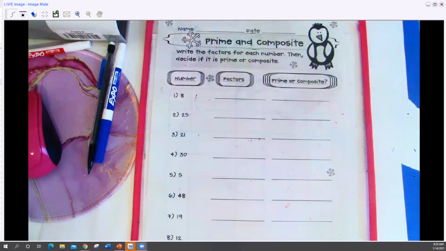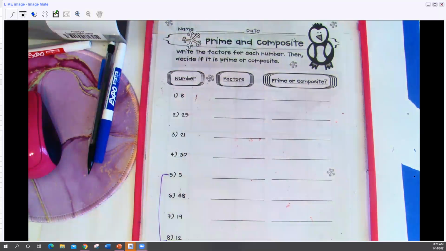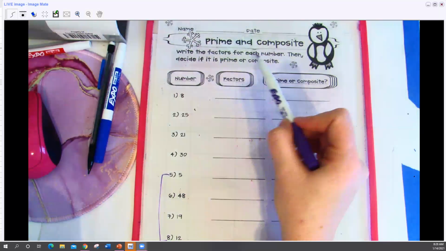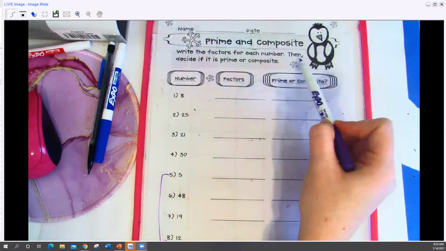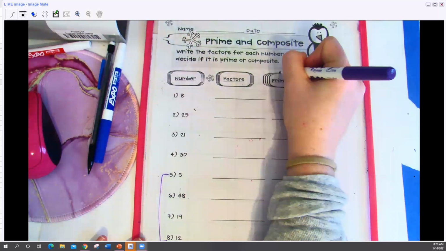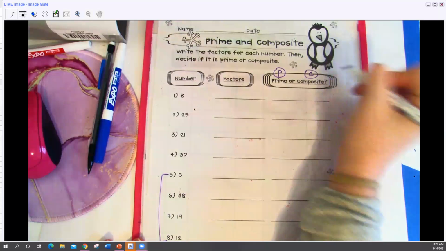Okay. So you can see we have 8 numbers. I'll do 1 through 4, and then you'll do 5 through 8 on your own. Okay. So we need to write the factors for each number, then decide if it is prime or composite. So we'll put a P, or we'll put a C. We don't have to write the whole thing.